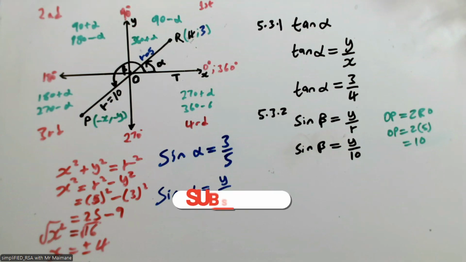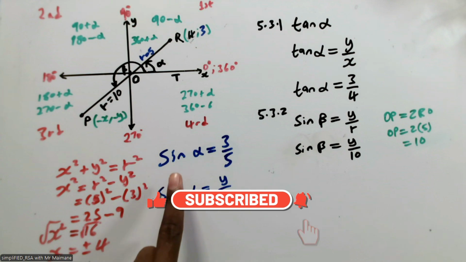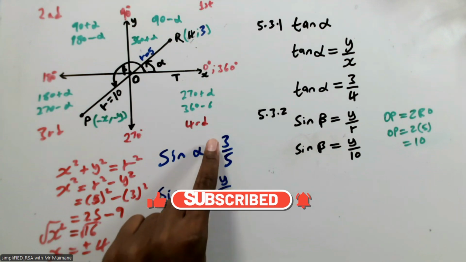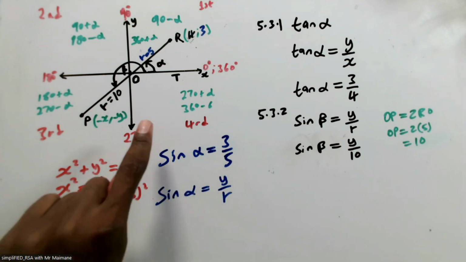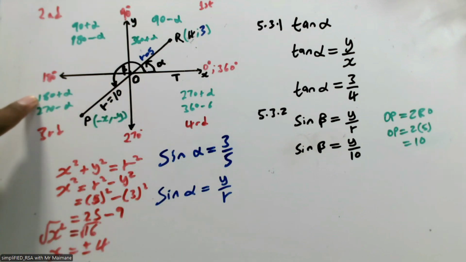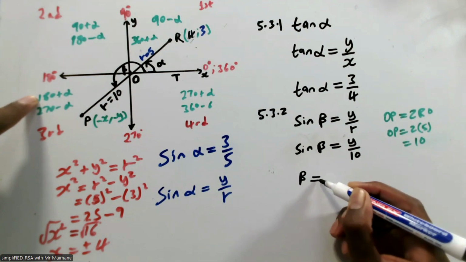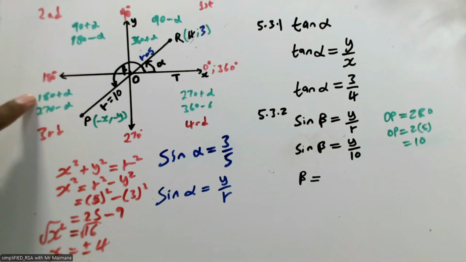But here's the thing. Angles are relatable. I know that sine of alpha is equal to 3 over 5, however beta is on the third quadrant, such that I can relate that beta is the same as either 180 plus alpha or 270 minus alpha.